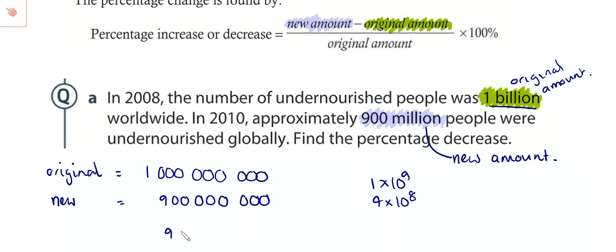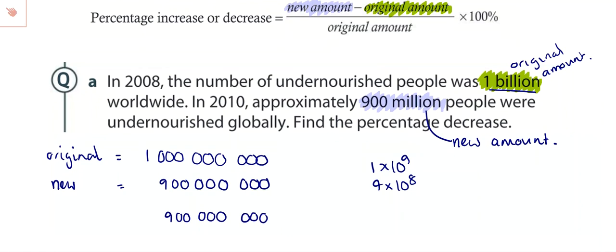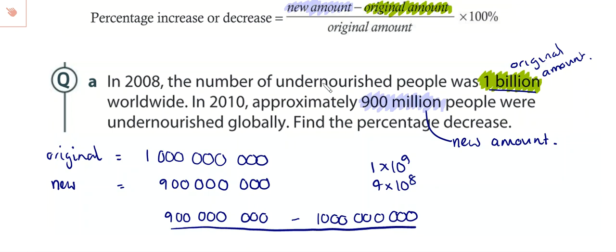So we've got 900 million minus 1 billion, all divided by the original amount, which is 1 billion again.